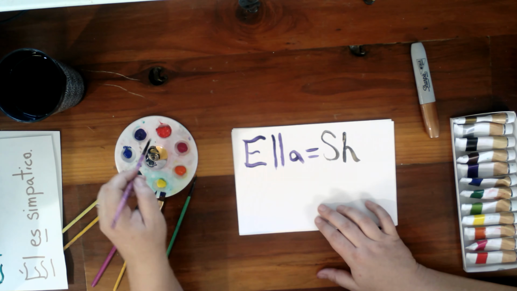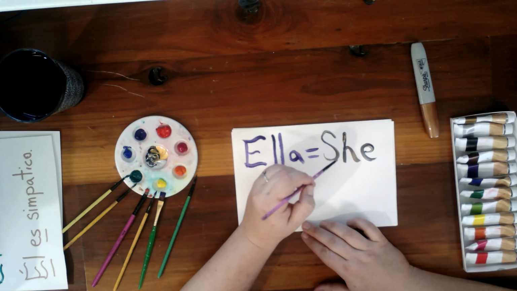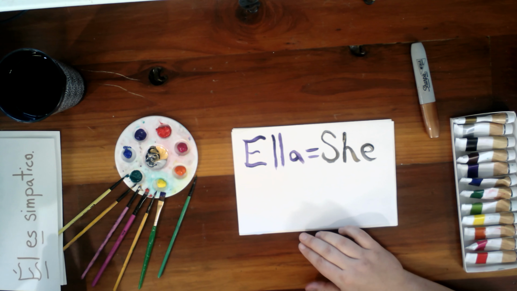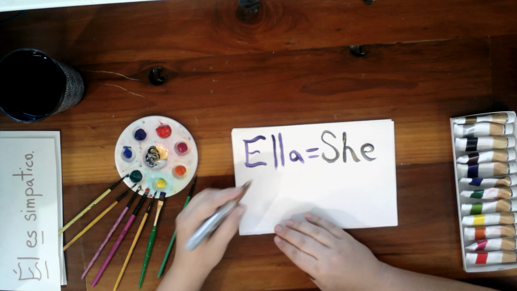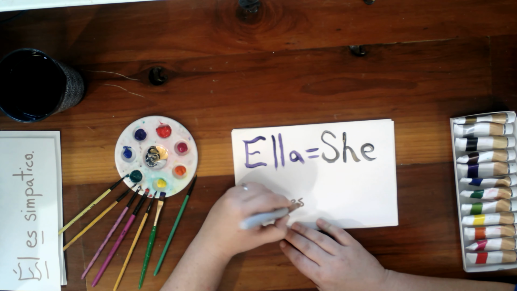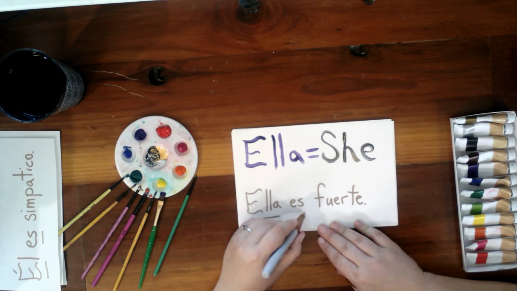So Ella is a beautiful name, but in español, when we've got those two L's together, it's ella, and it means she. And so for my example sentence using the verb ser, I'm going to say ella es fuerte. She is strong.